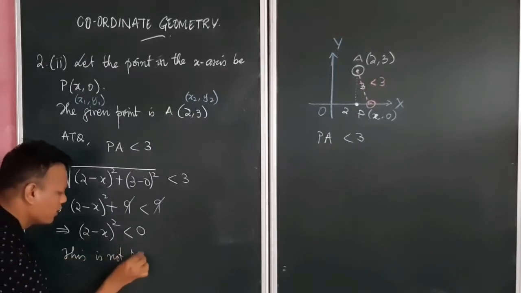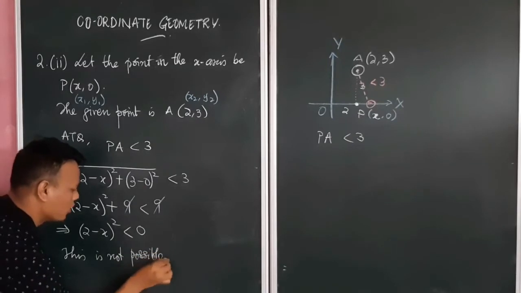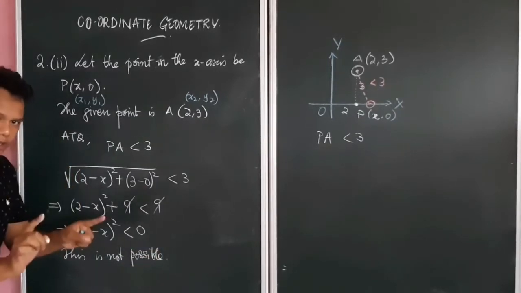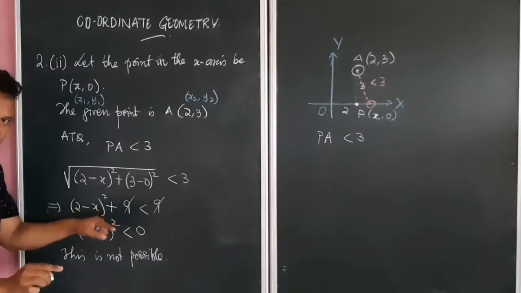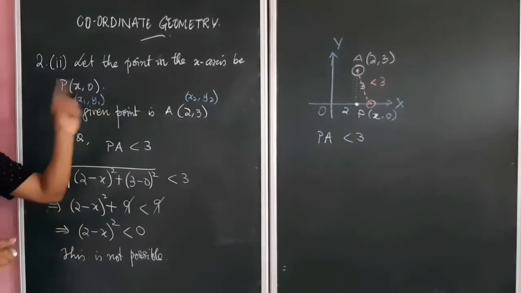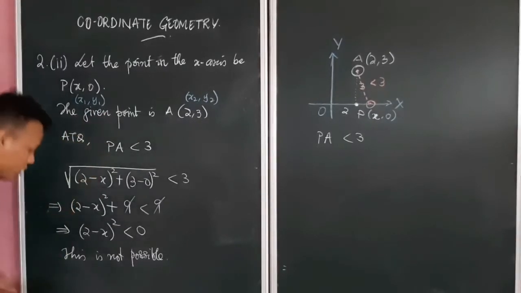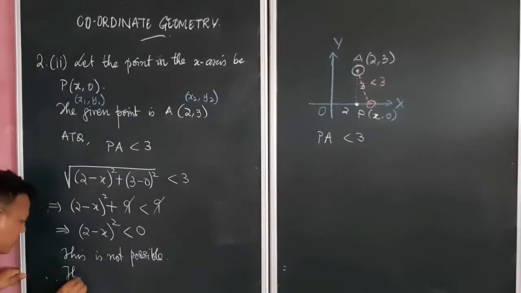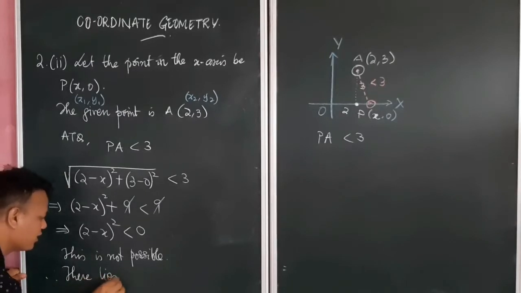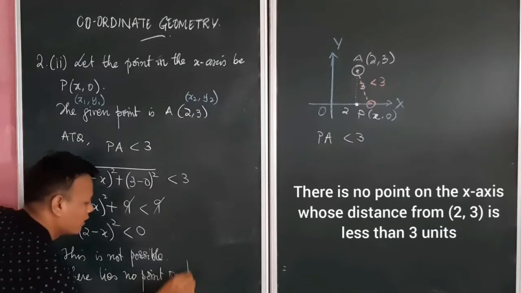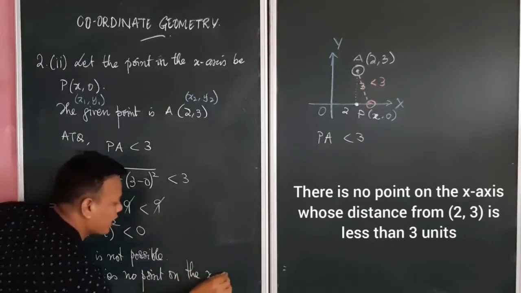That means there is no point on the x-axis whose distance from the given point, that is (2, 3), is going to be less than 3. Therefore there lies no point on the x-axis.